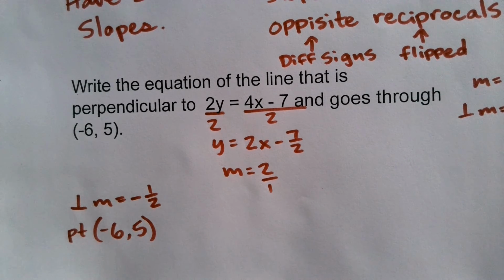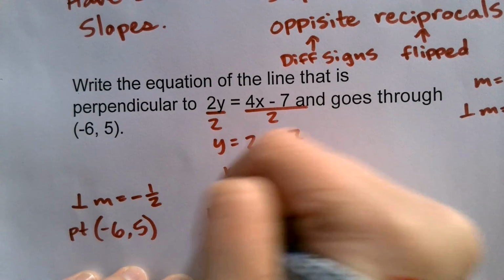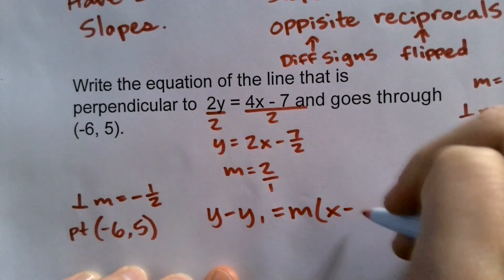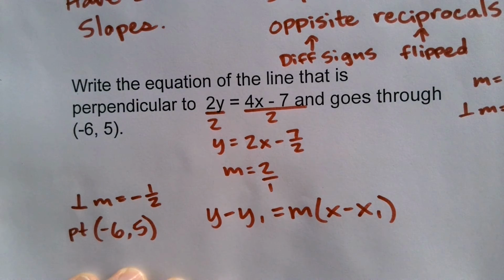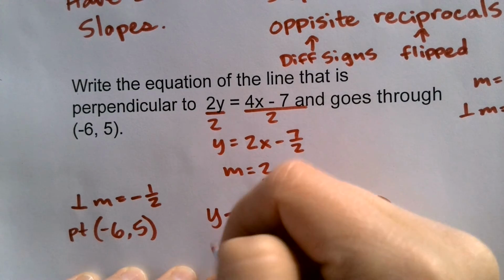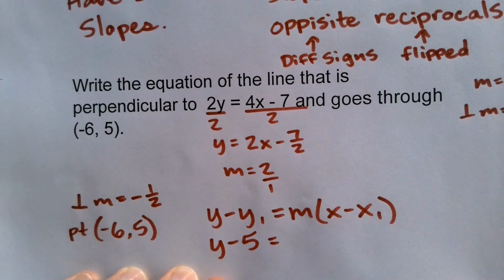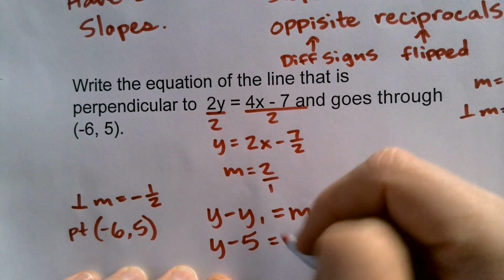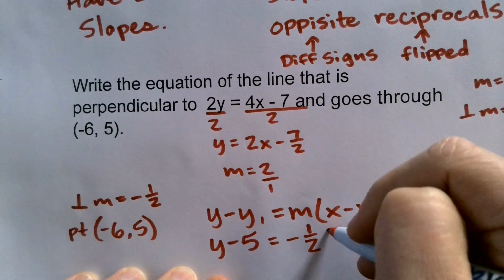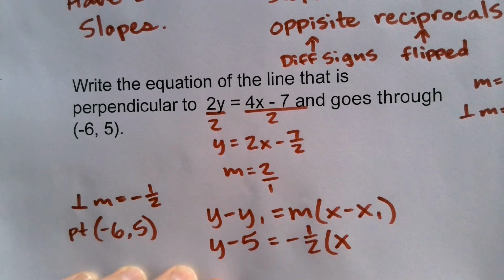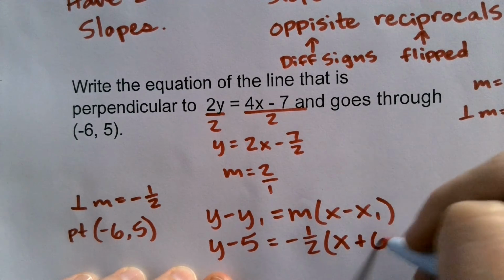I need point slope form. Okay, so we're remembering that y minus y1 equals our slope times x minus x1. So then we're just plugging in: y minus the y that I have, which is 5, equals a slope of negative 1/2, and then x minus a negative 6, which would make me add 6.